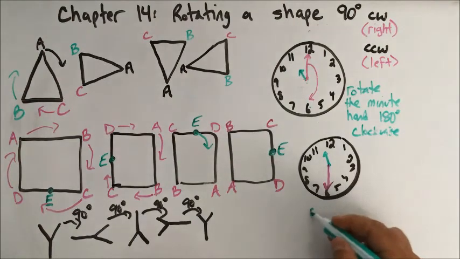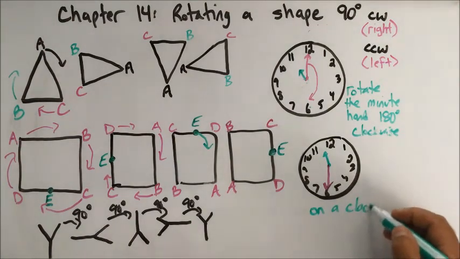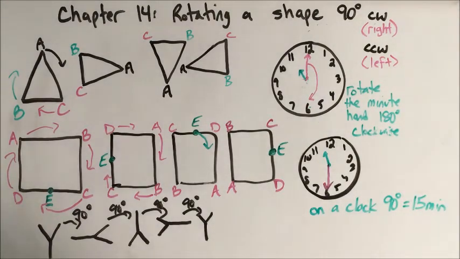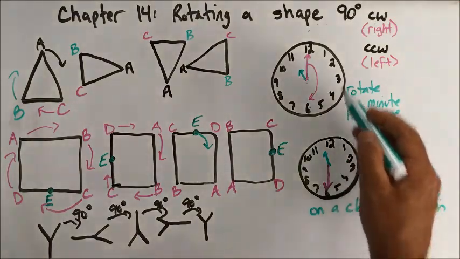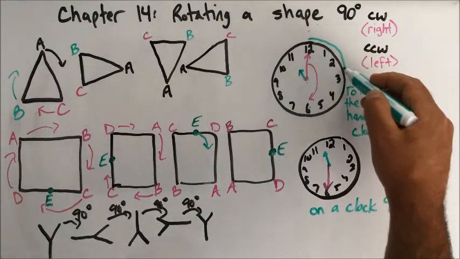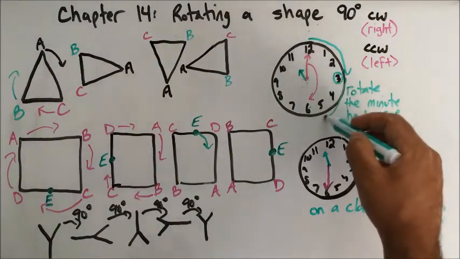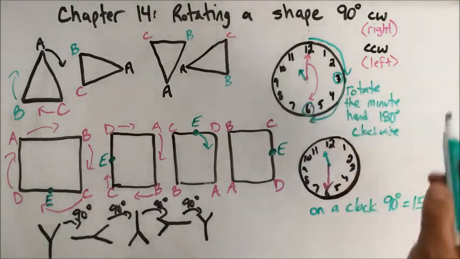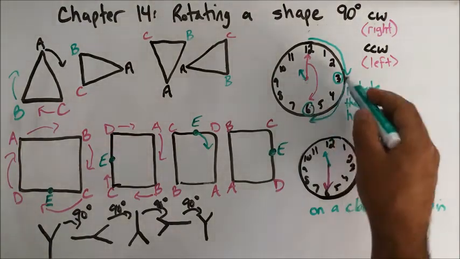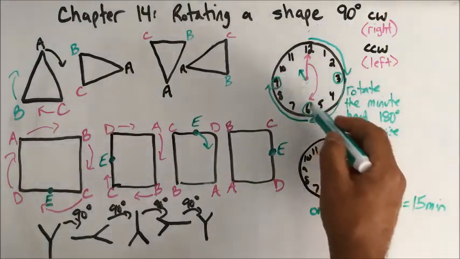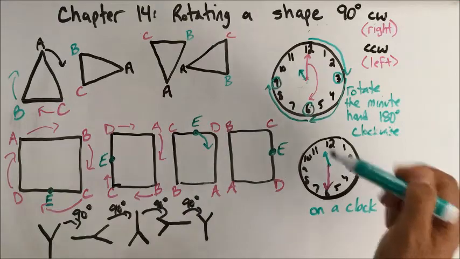So on a clock, 90 degrees equals 15 minutes. Because every 90 degrees would be 12 to 3. And we know that the 3 represents 15. 3 to 6, and we know the 6 represents 30, which is 15 minutes from 15. 9 is 45, which is another 15 minutes.